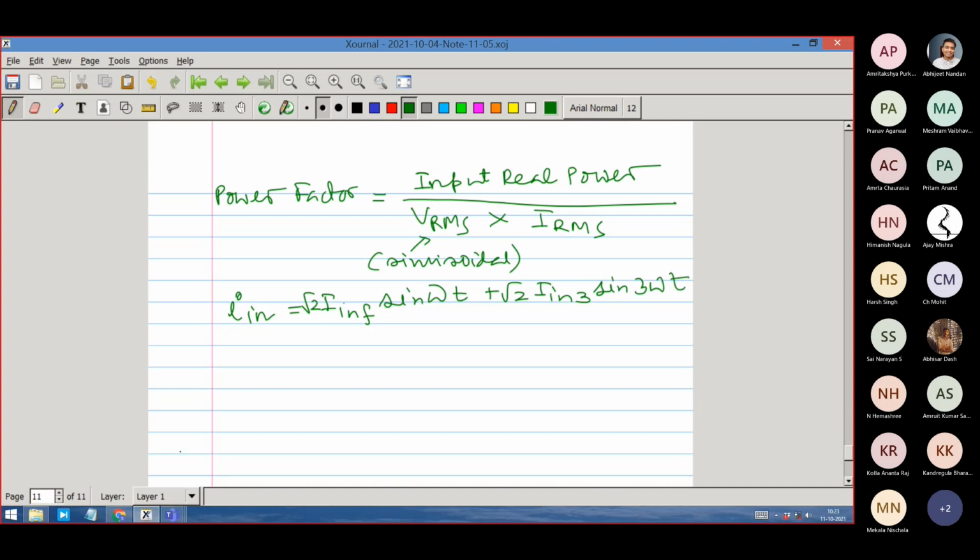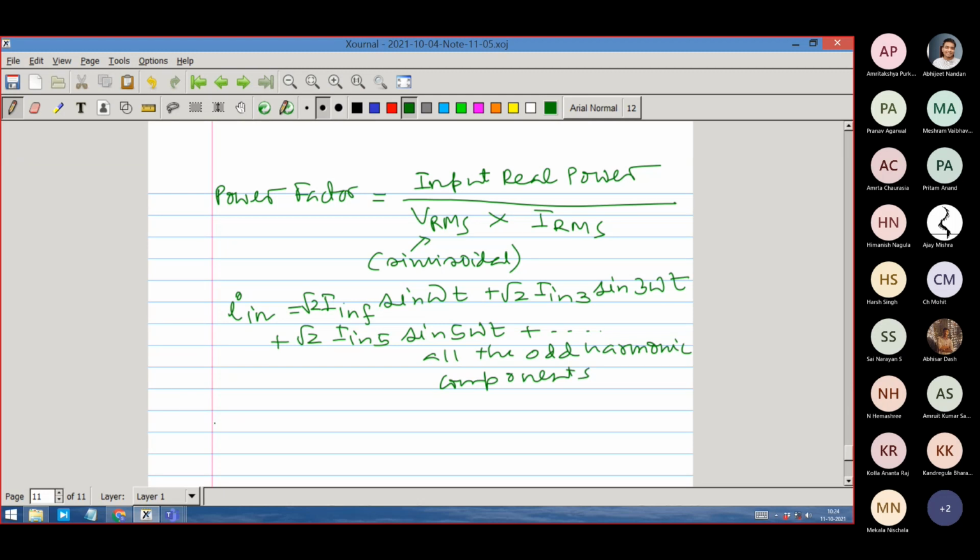Since it is half wave symmetric, it will not have any even harmonics here. Then root 2 I in 5 sine of 5 omega t, etc., etc. So all the odd harmonic components.